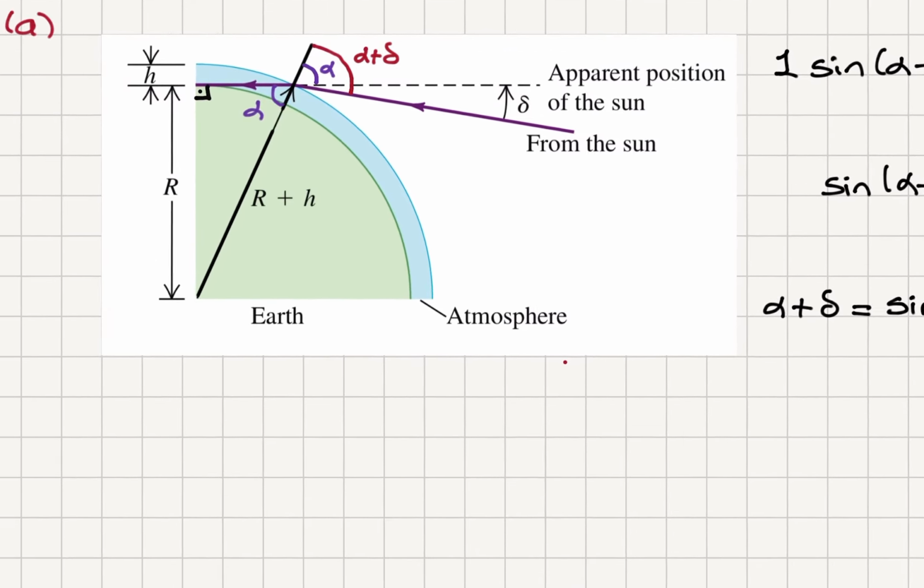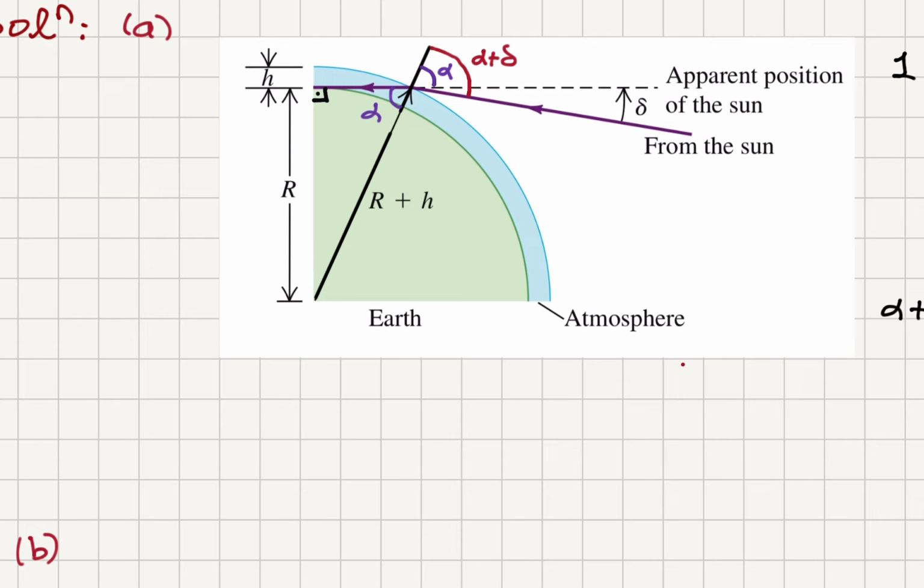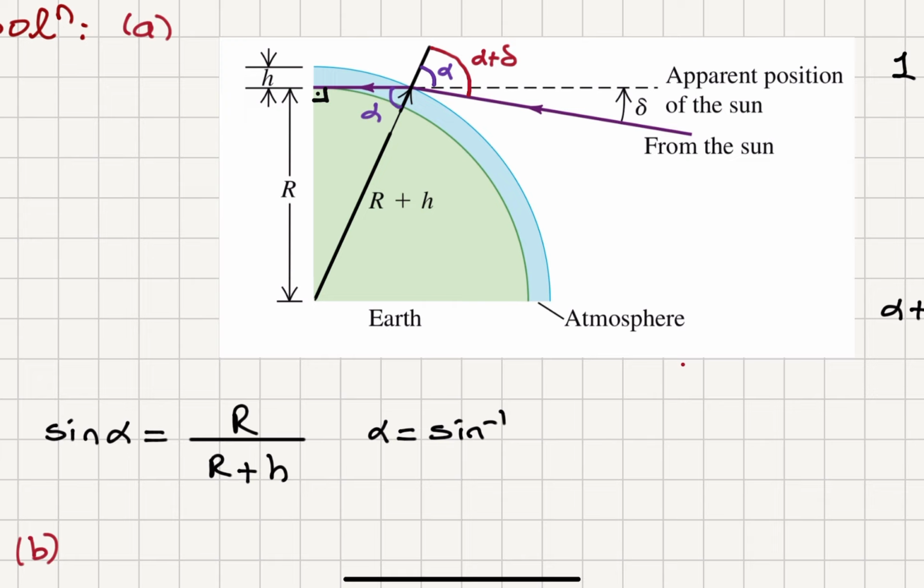Now at the same time, sine alpha is r over r plus h from this right triangle. So we can see that angle alpha is arcsin of r over r plus h.